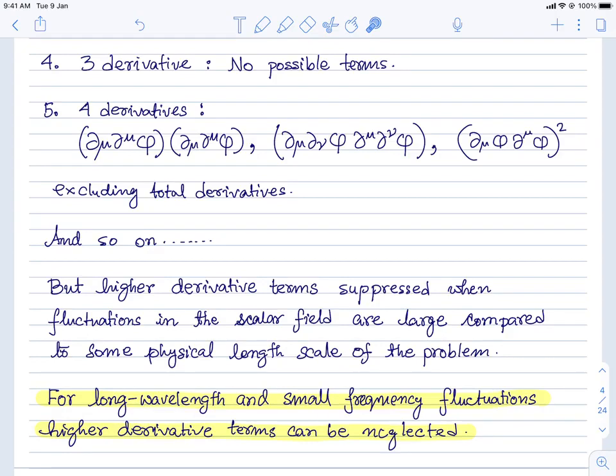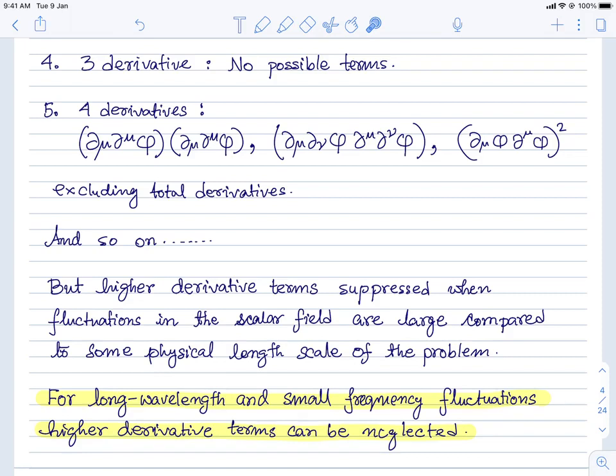Now a few comments about what such length scales can be. Of course, one thing can be the length scale up to which you can experimentally probe. Whenever you are doing an experiment on a system which you are trying to model with a scalar field, there can be a length scale beyond which the apparatus you're using to probe this system is not sensitive. So that is a length scale of interest.